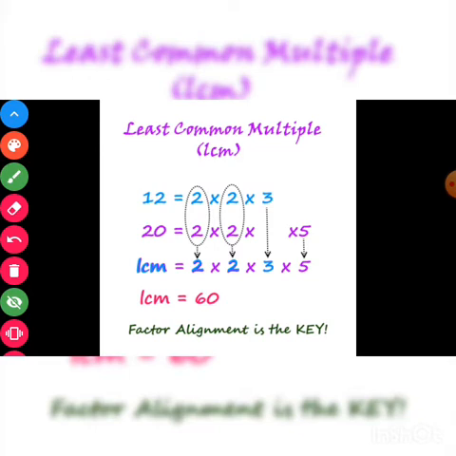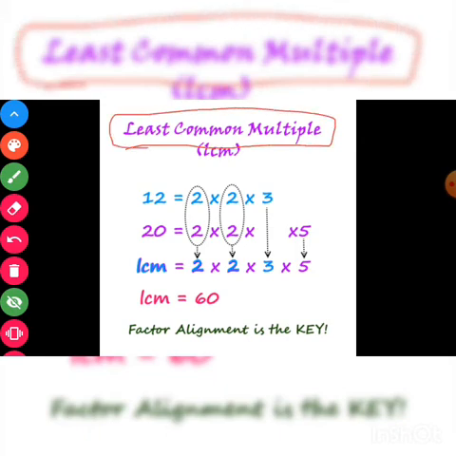Now the next topic we are going to discuss is least common multiple or LCM. It means the smallest multiple which is common between all the numbers given. So now we have to find out the common multiple of 12 and 20.